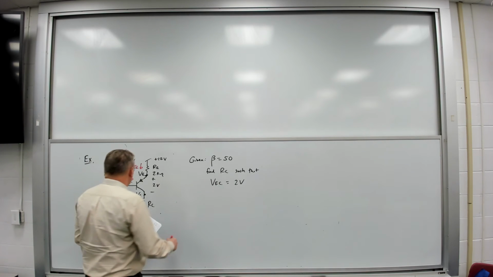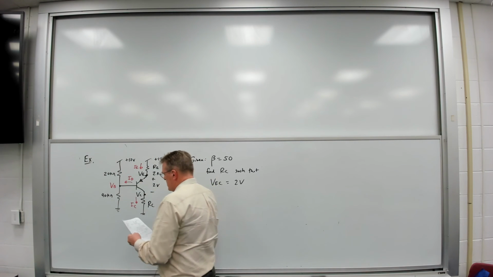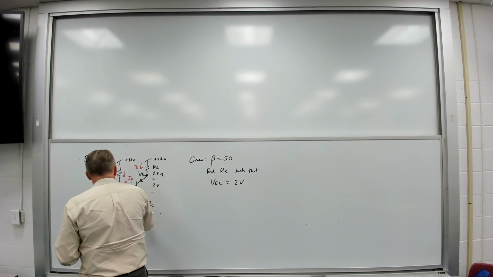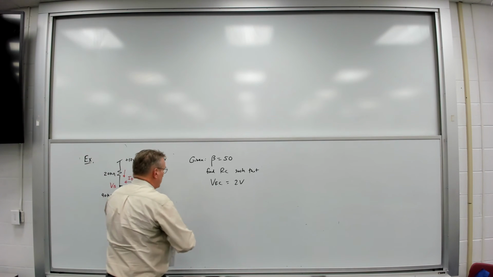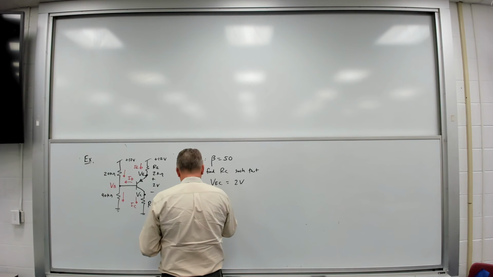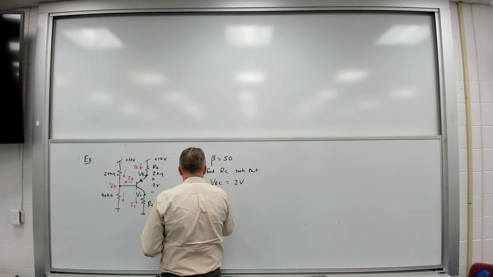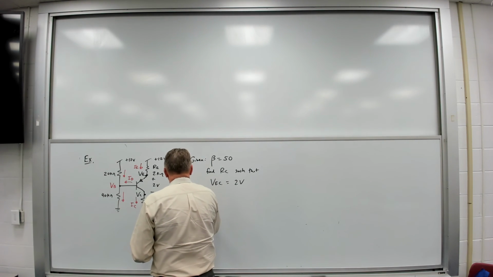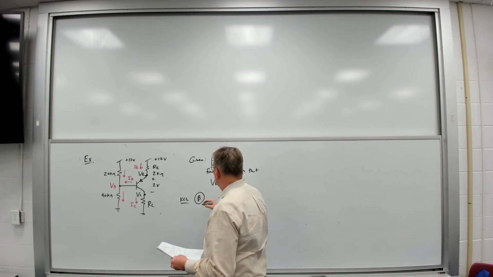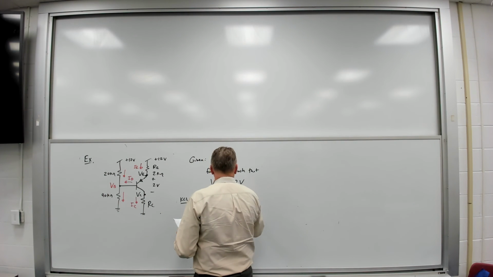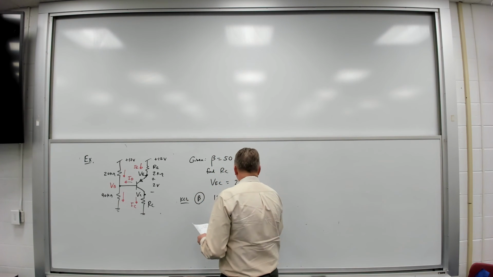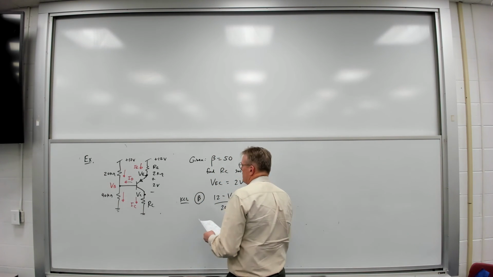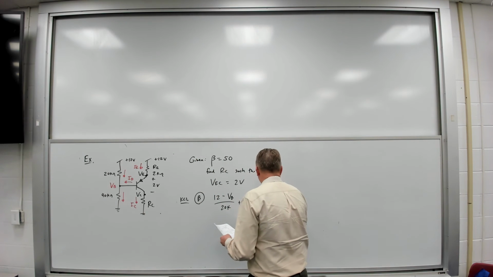And if we go through and write the equations for this, so again, do the KCL equations, I can write them like so. For my KCL for the base junction, I've got that 12 minus VB over 20K plus IB is equal to VB over 40K.